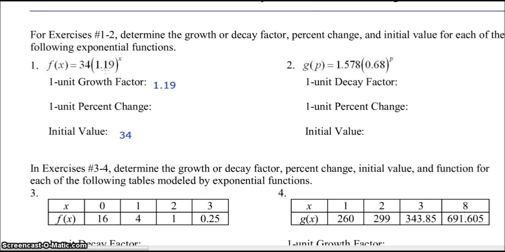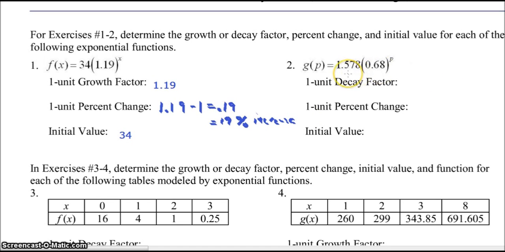And that's an increase. We could always say, okay, what's our growth factor? It's 1.19, so if we take 1.19 and subtract 1, we get 0.19, which is 19%. And that's an increase, of course.